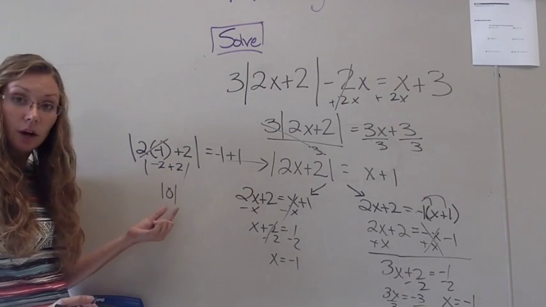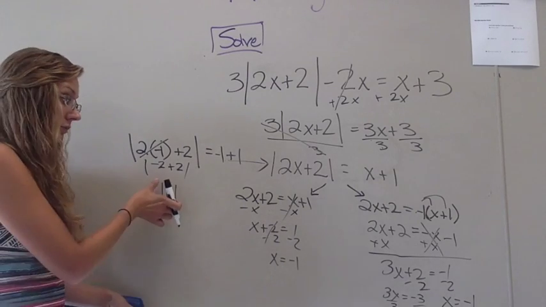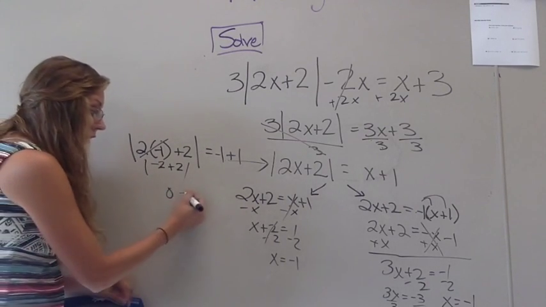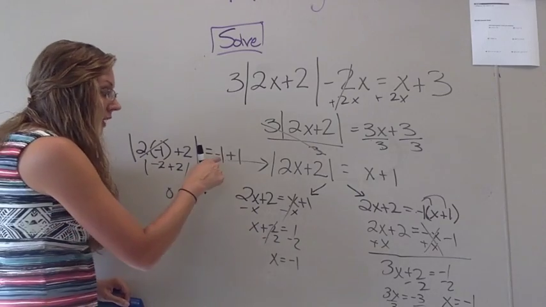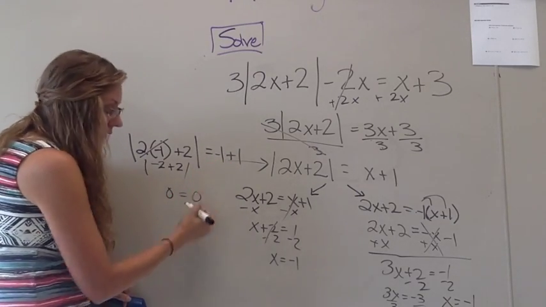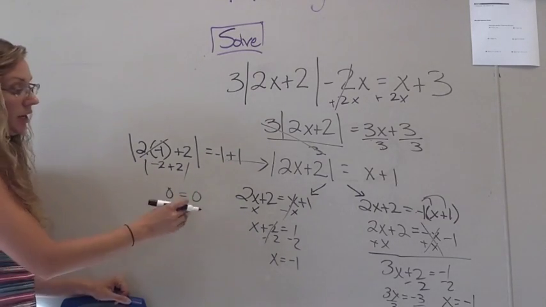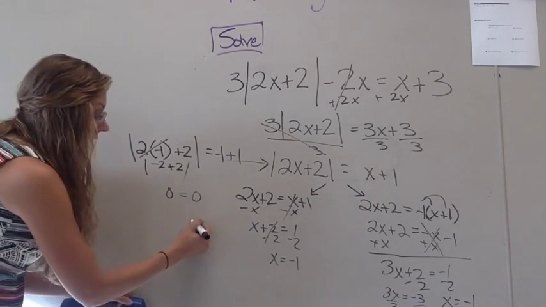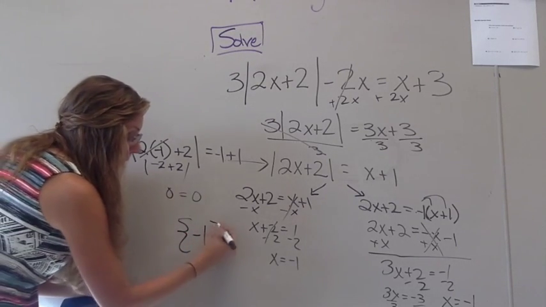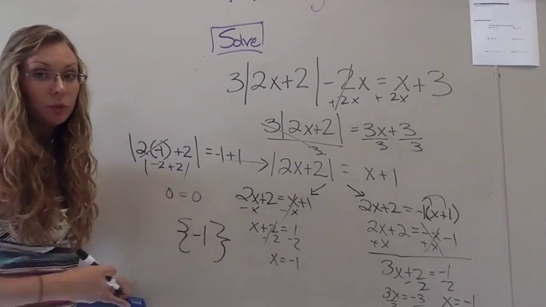The distance from 0 to 0 is 0, okay? So that's on one side of our equal sign. And then -1 plus 1, well, that's 0 too. So I've checked it, it works. My solution now is -1, and I'm not going to write the same number twice.